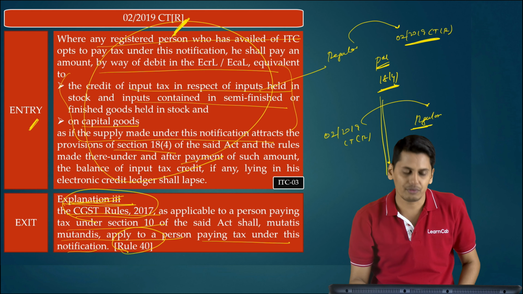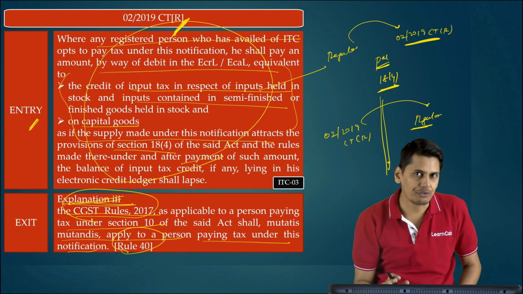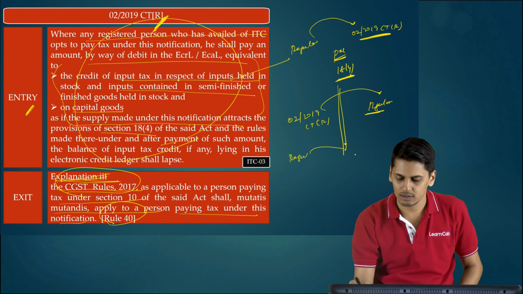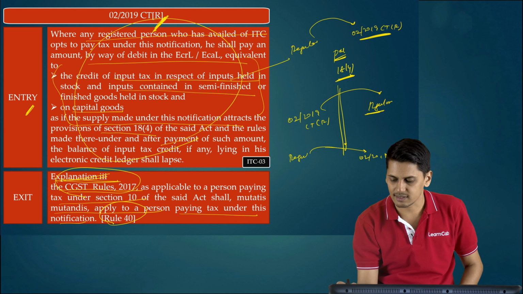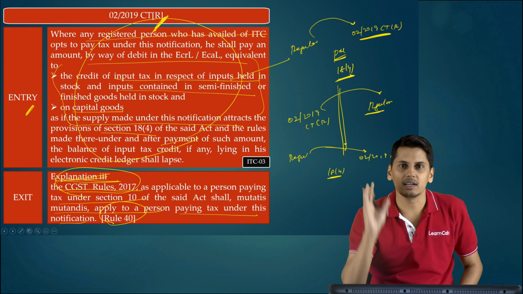So friends, the bottom of the discussion, the conclusion happens to be this. While you are shifting from a regular person to 2/2019 central tax rate, 18 subsection 4, the provisions will apply. Notification 2/2019 expressly covers this.